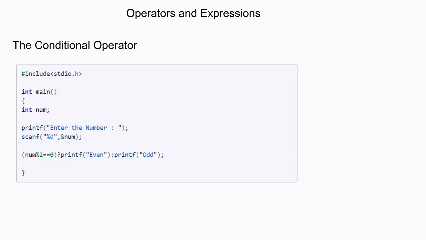So if num mod 2 equals 0, meaning that if you divide number by 2, it doesn't have a remainder, it will print out that the number is even. If the number is not evenly divisible by 2, it will print out odd. So you can see you can have function calls in these expressions too.